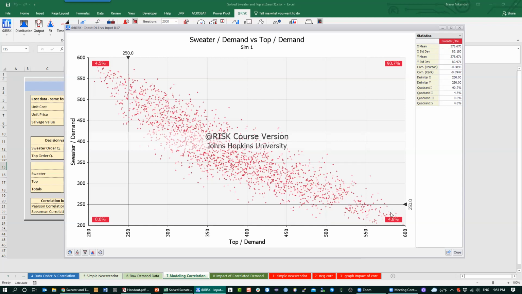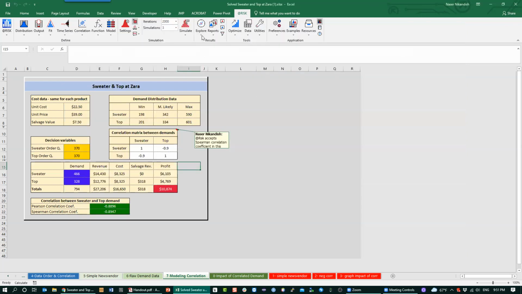Because correlation is not exactly -1, for a low value of demand for top, we expect demand for sweater to be high, but it could be on a low end as well because of randomness, right?